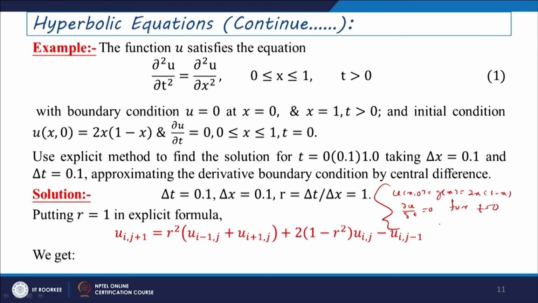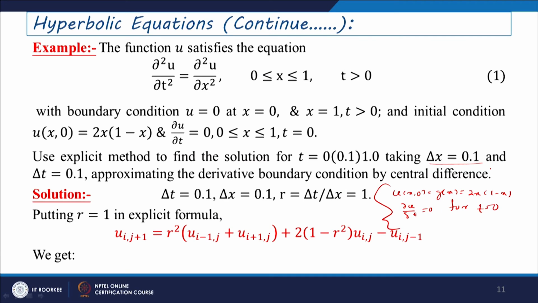Both these conditions should be satisfied, and we have to use the explicit method to obtain the solution for t equals 0 to 1.0, taking del x equals 0.1 and del t equals 0.1. This means t has 10 steps, and x also takes 10 different node points to get the solution, and we have to approximate this derivative by a central difference approximation, with del t equals 0.1 and del x equals 0.1.